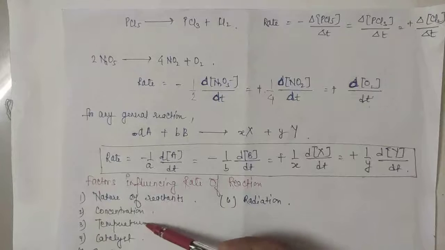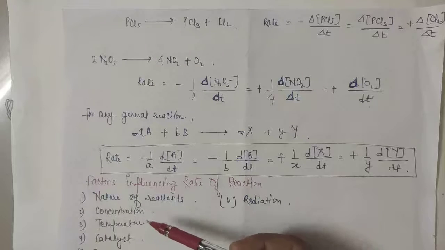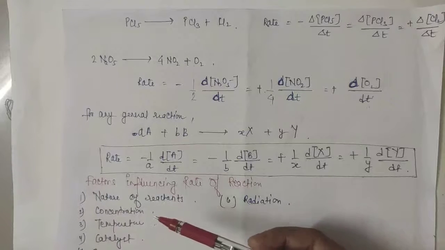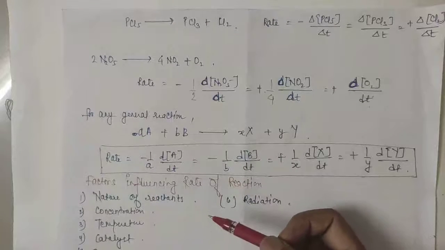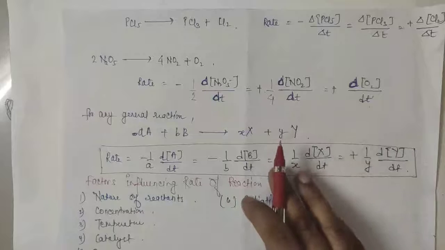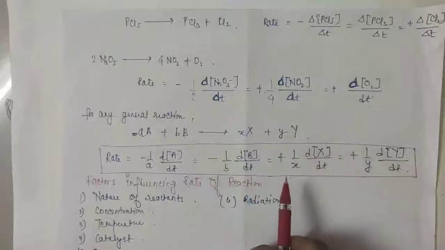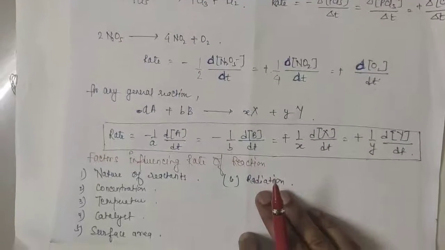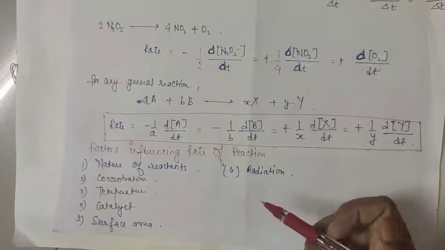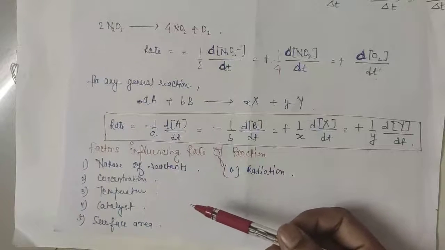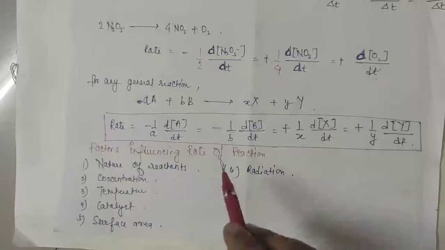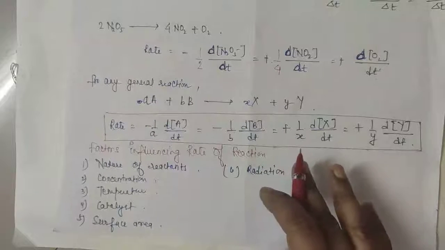Third is temperature. The rate of reaction increases with temperature, and in most cases it becomes nearly double for every 10 degree rise in temperature. Next is catalyst. What does a catalyst do? It generally increases the rate of reaction without being consumed in the reaction.